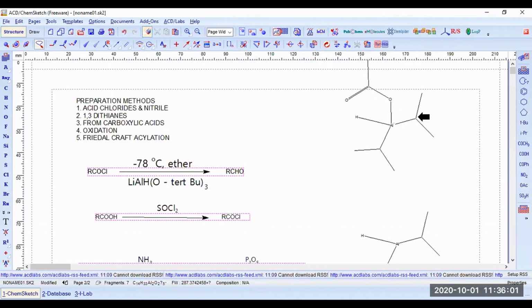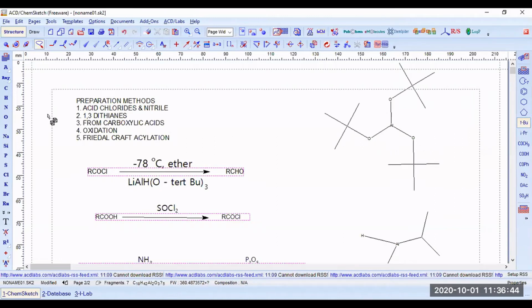Let us delete this. Tertiary butoxy group should be there. This is the structure of LBAH.